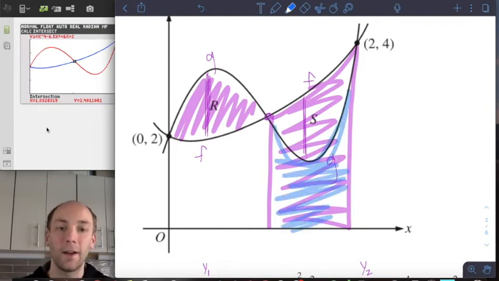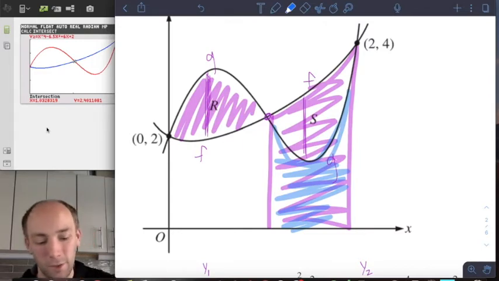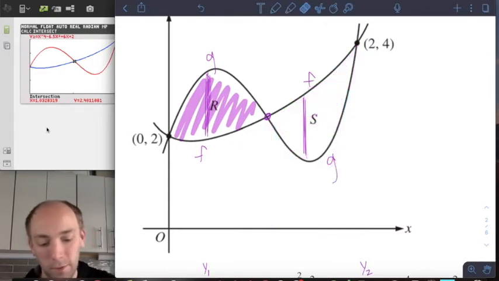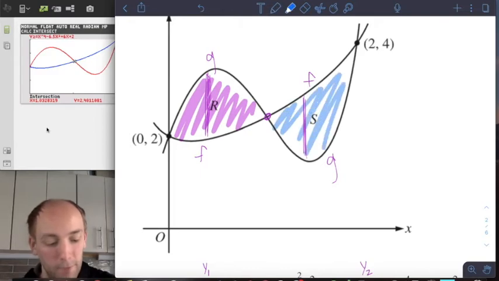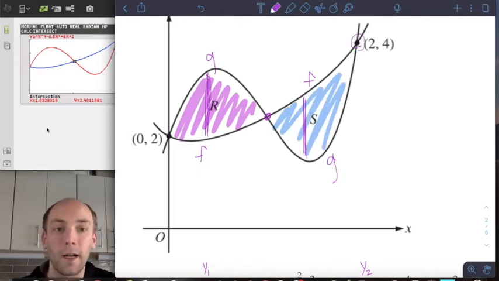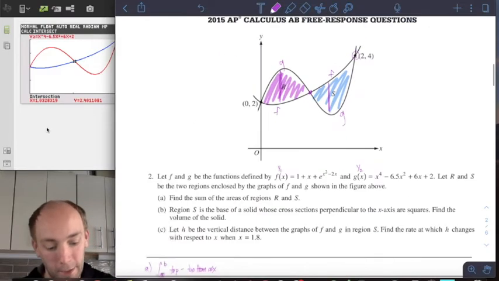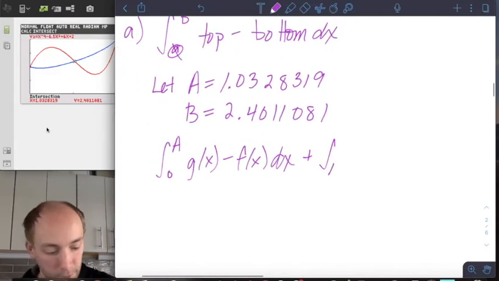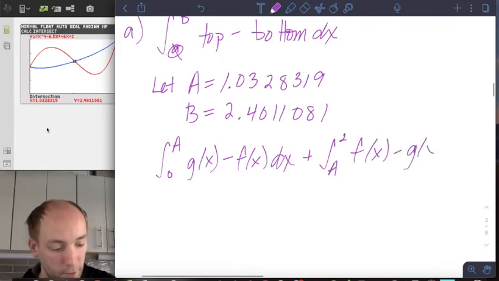So if I take the area under f minus the area under g, I'm left with the difference, which would be region S. Hopefully that makes sense. If it doesn't, don't fret. So top minus bottom, f minus g. The x-coordinates go from A all the way out to 2.